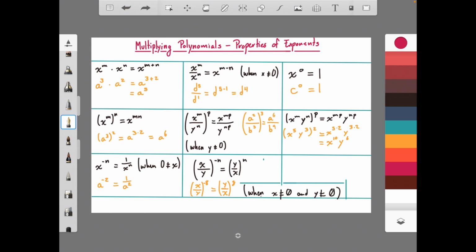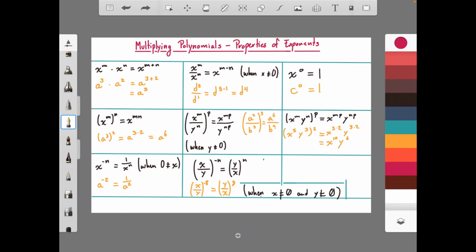So we basically flip it so that the exponent becomes positive. We can see this in the example below that says a to the negative 2nd power is equal to 1 divided by a to the positive 2nd power. So that's very useful when you have negative exponents. Just go back to this property and remember that you just have to flip it.